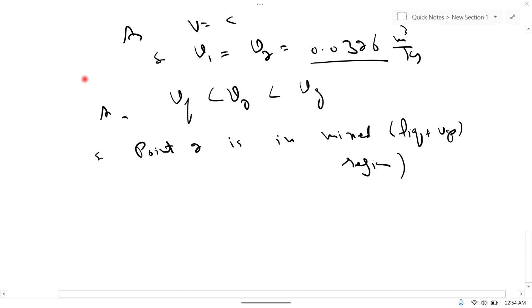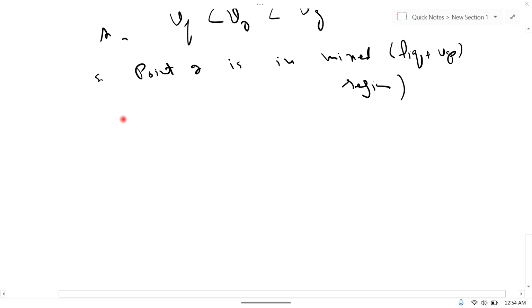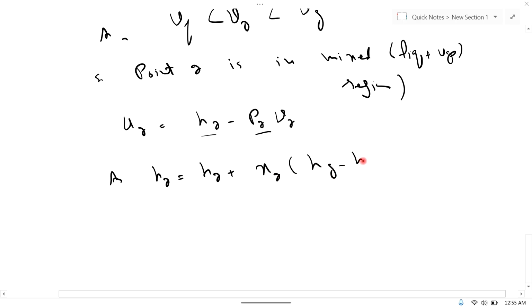Now to find U2, we will use the formula U2 is equal to H2 minus P2 V2. We can find P2 from the table, and H2 with the help of the formula H2 is equal to Hf plus X2 into Hg minus Hf.